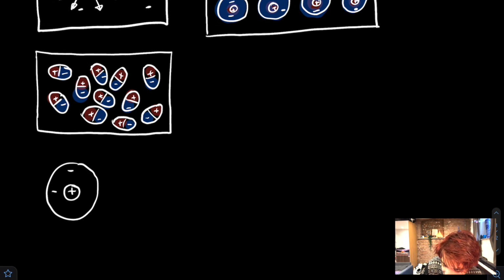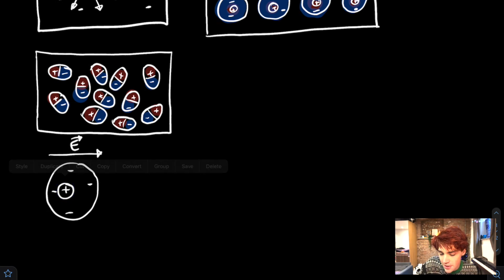And the reason for that is because when we apply an electric field to this material right here, what is going to happen? We have our atom, which has a positively charged nucleus in the center and the negative cloud of electrons around it. When we apply an electric field, the positive charge is going to displace slightly towards the negative end of the electric field, and the negative charge is going to displace slightly towards the positive side.